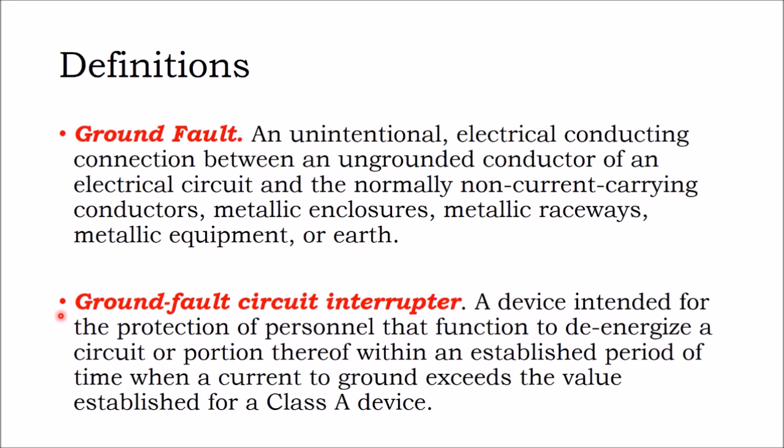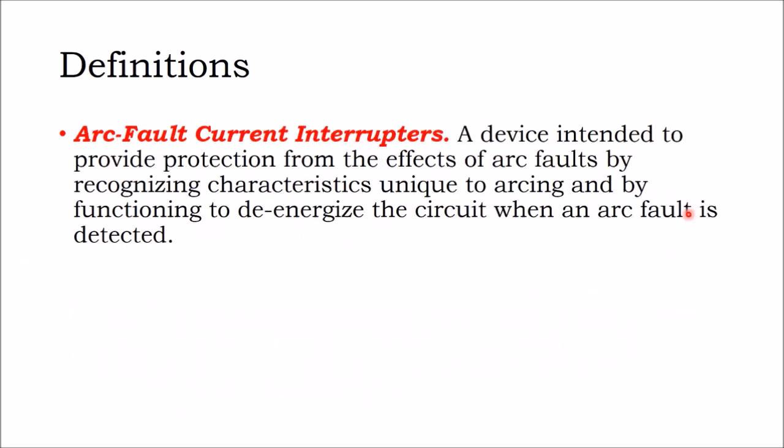A fuse. The fuse exceeds 20 amps and it burns itself up and it opens the circuit. Then we have an arc fault current interrupter, a device intended to provide protection from the effects of arc faults by recognizing characteristics unique to arcing and de-energizing the circuit when an arc fault is detected.